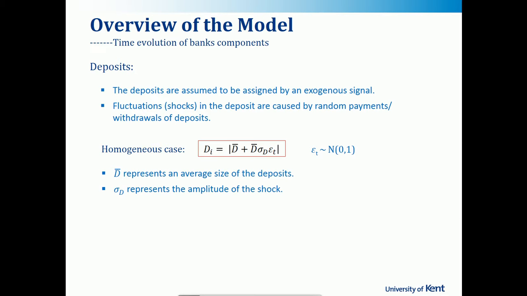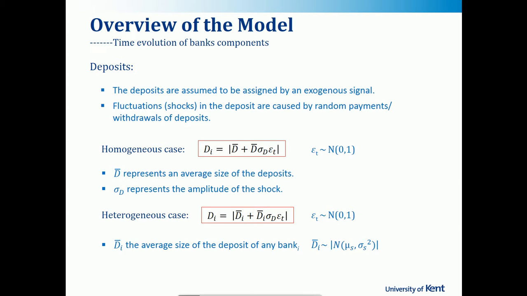Sigma D is the amplitude of the shock, and epsilon t is the random variable, which is normally distributed. While in the heterogeneous case, the average size of the deposit of any bank I is assigned by sampling from a Gaussian distribution with the mean equal to mu s and the variance equal to sigma s squared.